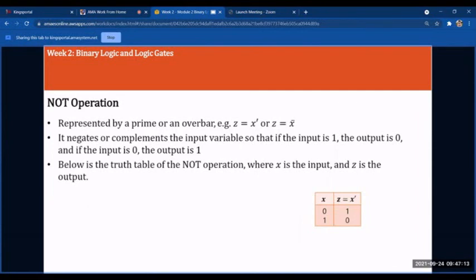So it's simple: whatever our input is, take the complement of that. When we use a prime on a number, you take the complement of that number. The complement of 0 is 1. As mentioned earlier, you will only use two sets of numbers, which are 0 and 1. Now, if the input is 1, then your answer for the NOT operation is 0.